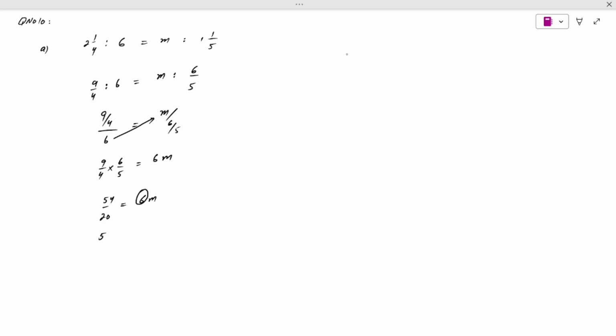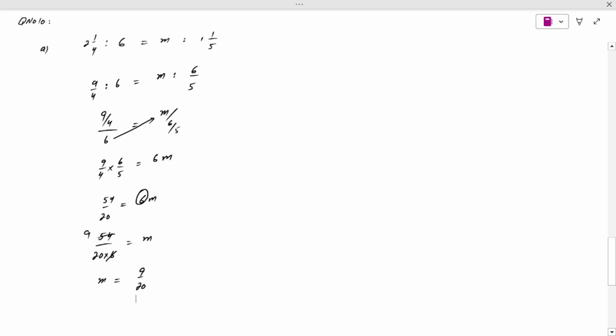So 54 over 20 times 6 equals m. Now simplifying this, we get the value of m, that is 9, 6 ones are 6 and 6 nines are 54, and we are left with the value of m, that is 9 over 20. So this was the part A of question number 10.